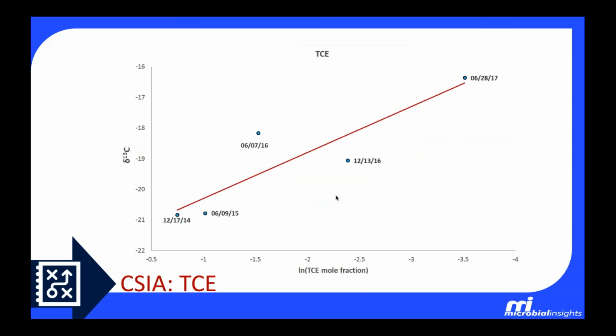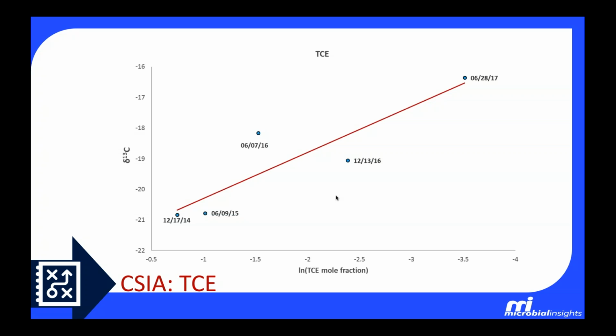So we're looking again at well 29B in that fractured limestone, and CSIA was performed on a number of target compounds to see if they were degrading and whether or not a NAPL source was replenishing those compounds in the groundwater. So here's the TCE data that was monitored in this well between December of 2014 and June of 2017.